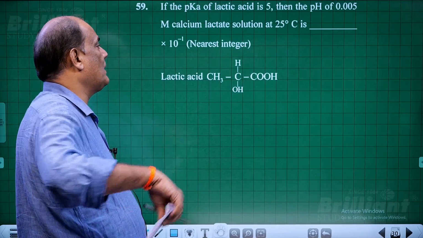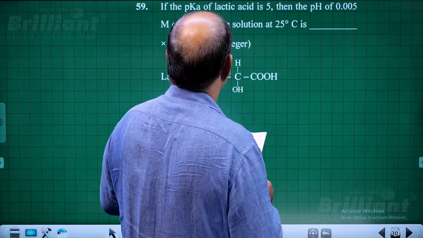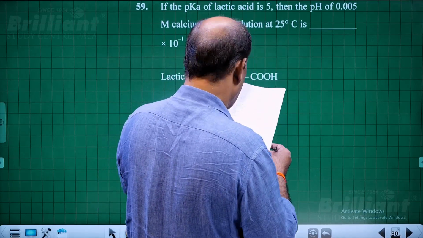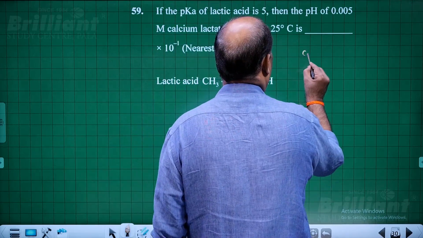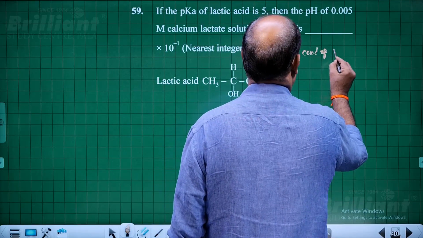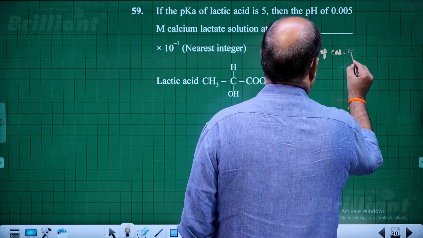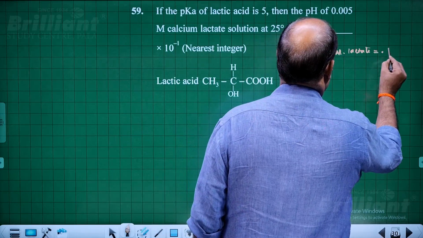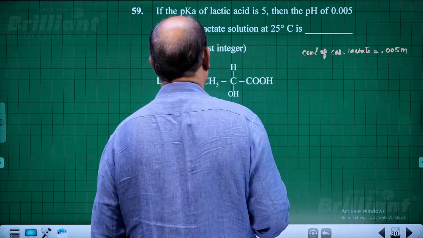Now we have to do the problem. How? The concentration of calcium lactate is equal to 0.005 molar, right?